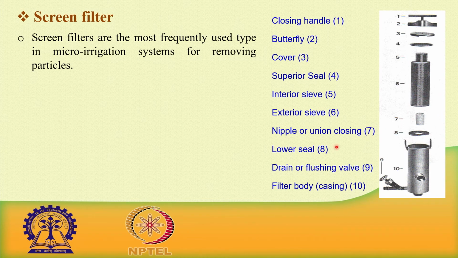And then there is a lower seal, and then there is a drain pipeline, which means there is a drainage system where the water can be taken out. When we want to flush the filter without opening the entire thing, this particular unit is used.